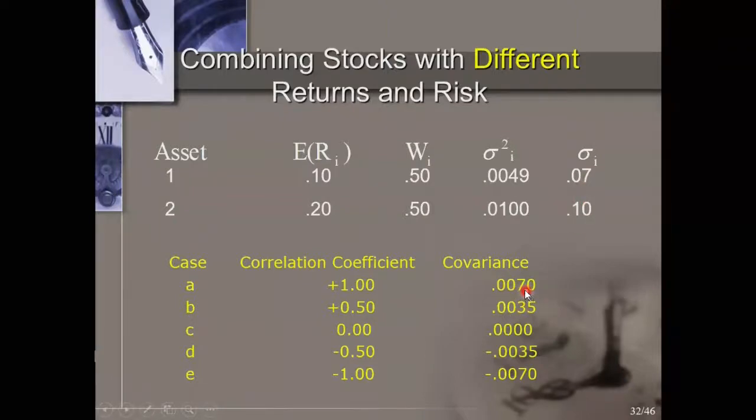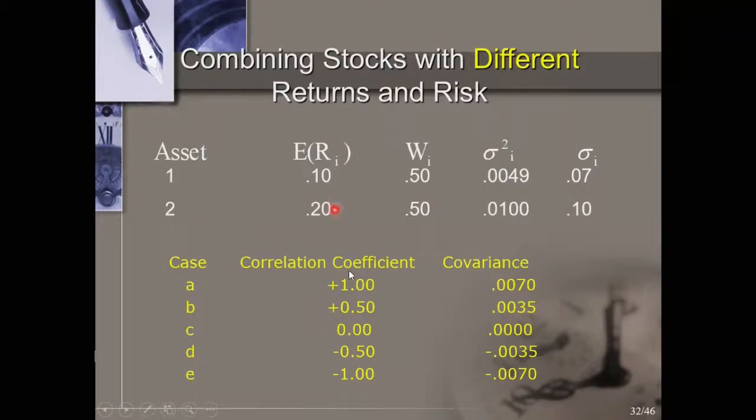So you can calculate that 1 multiplied by 0.07 multiplied by 0.10 is equal to 0.007. Then 0.5 multiplied by 0.07 multiplied by 0.10 is equal to 0.0035, and so on, right? And you can find out this figure will become negative as well.